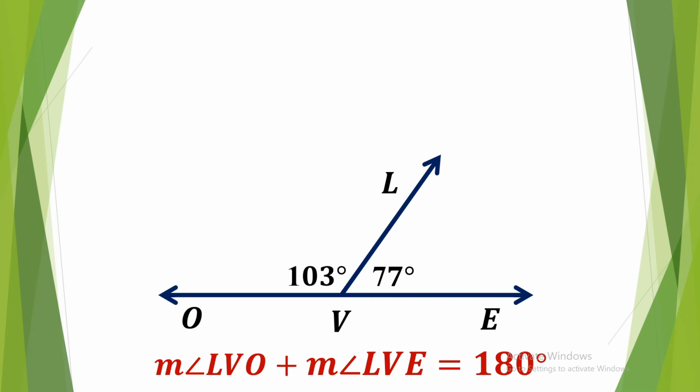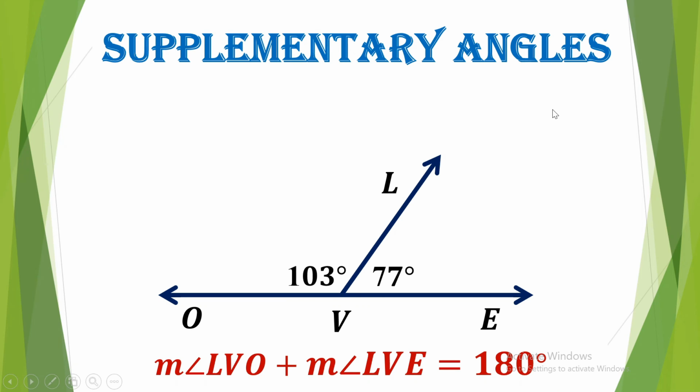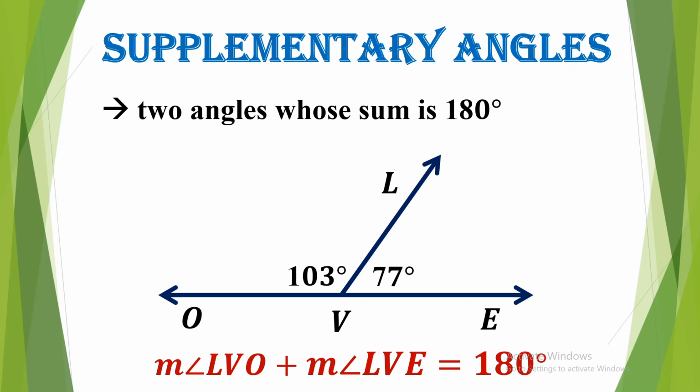Now, considering the same figure, aside from forming a linear pair, those two angles are also called supplementary angles, because when we say supplementary, these are two angles whose sum is 180 degrees. So if we add 103 plus 77, that is equal to 180 degrees, then they are supplementary angles.